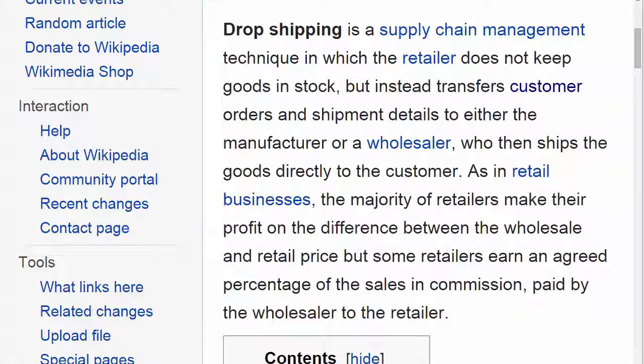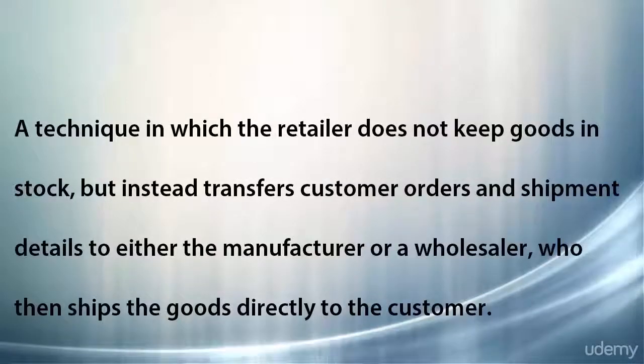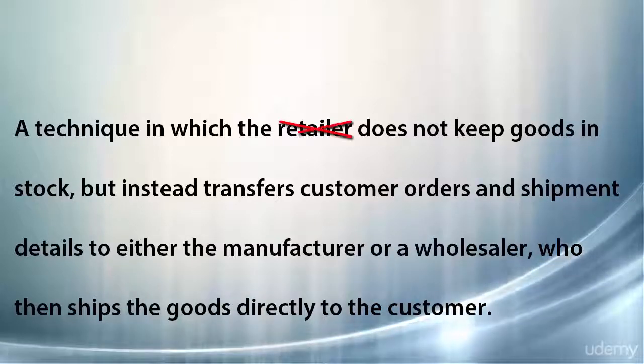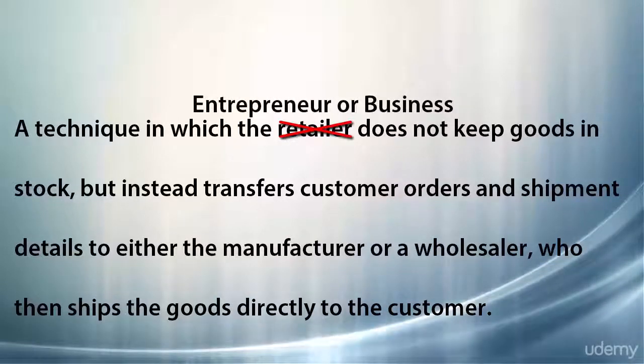Okay, so let's take this definition and tweak it a little bit in terms of an entrepreneur like you or me, a student, a business, whatever you want to call it. In essence, it's simply a technique, and let's take out the word retailer and replace it with entrepreneur or business.